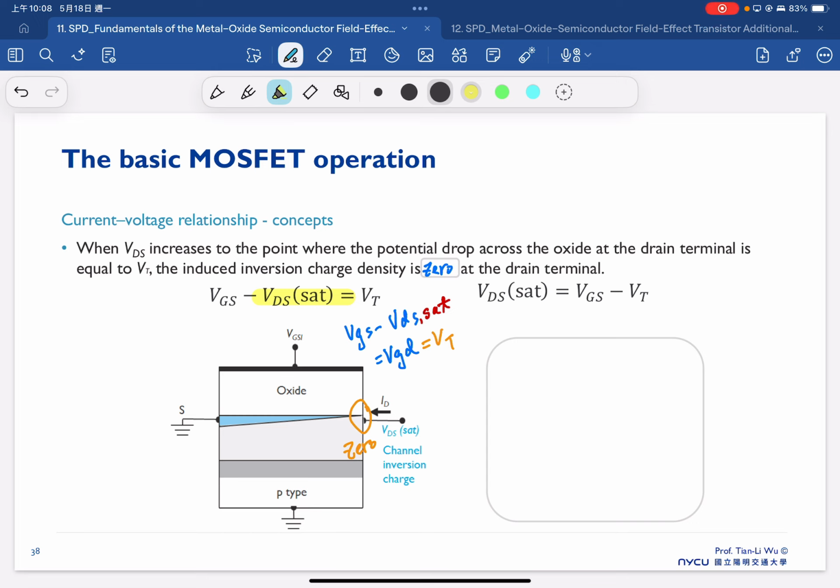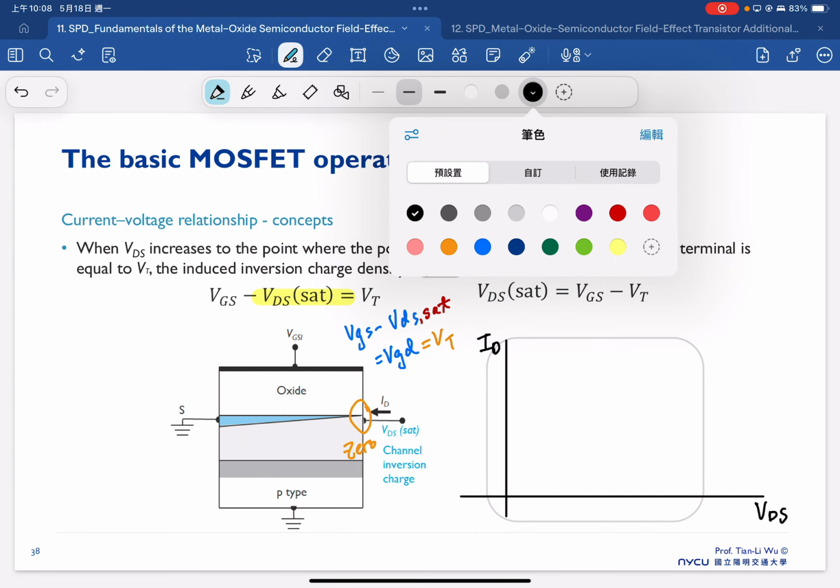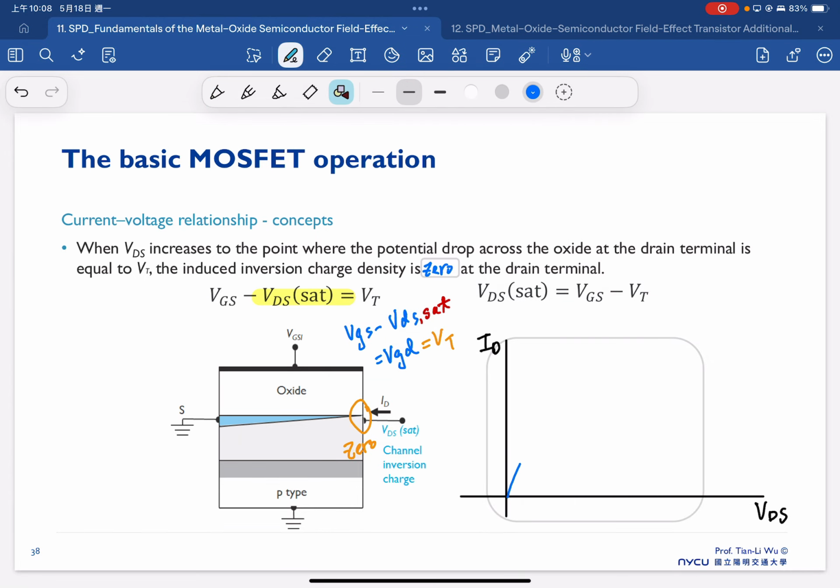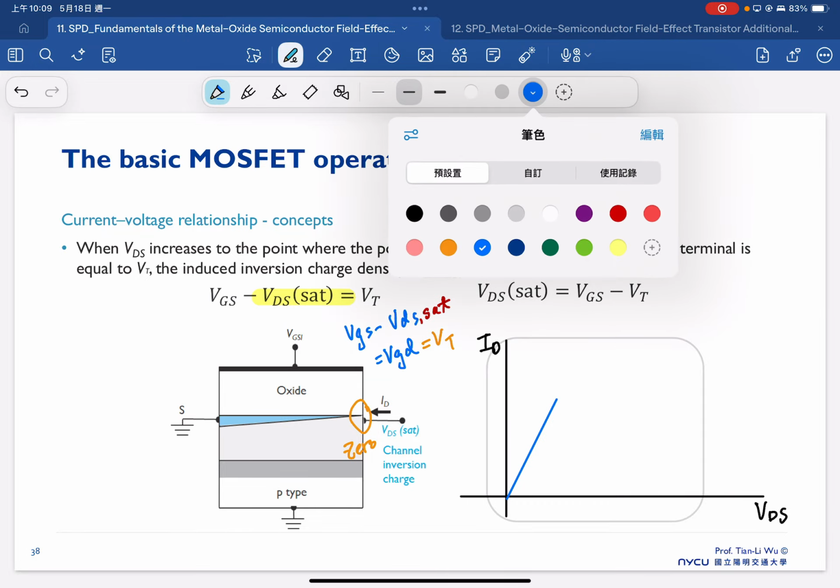So this means, looking at ID versus VDS, in the beginning it's a linear increase, which we already said is under the small drain bias, but now we start to see a saturation of the slope, a decrease of the slope.